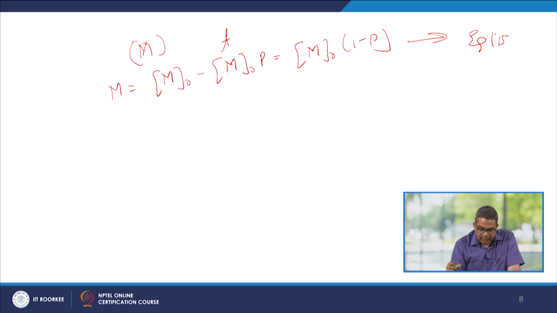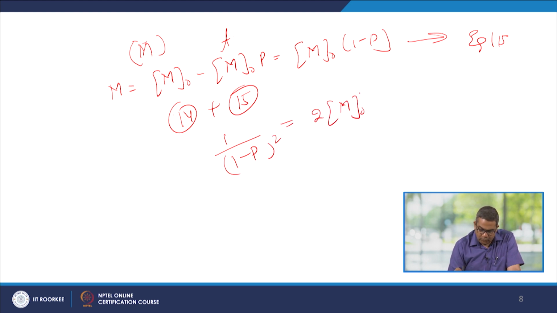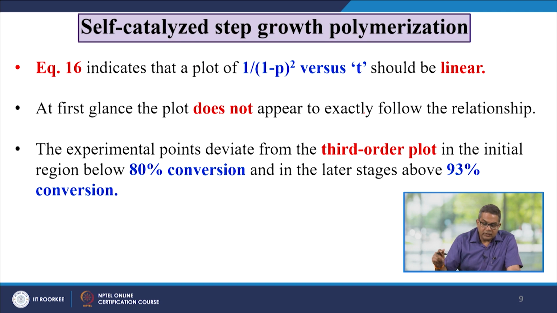If we combine equations 14 and 15, we get 1/(1 minus p)^2 equals 2M0^2 kt plus 1, equation number 16. This indicates that a plot of 1/(1 minus p)^2 versus t should be linear in nature.